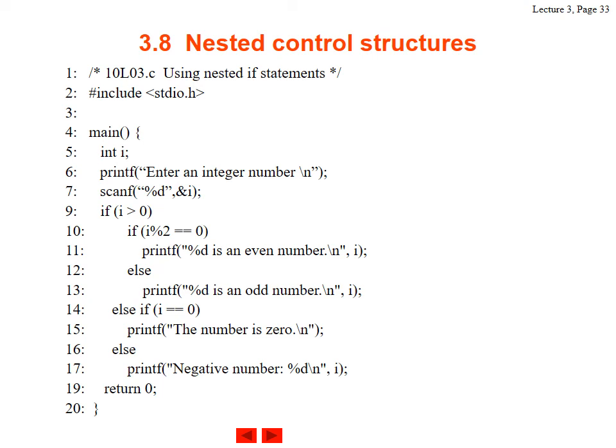Then else if i is equal to 0, print is equal to 0. Otherwise, print is a negative number. Why? Because it fails to satisfy the condition that it should be greater than what? Than 0.